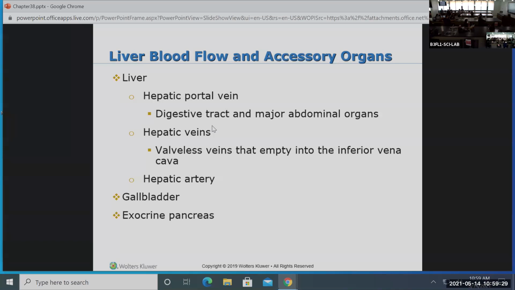Spleen and pancreas contribute to the portal vein. How is the hepatic portal vein, or portal vein, formed? I can call it by different names, but it is the same structure.